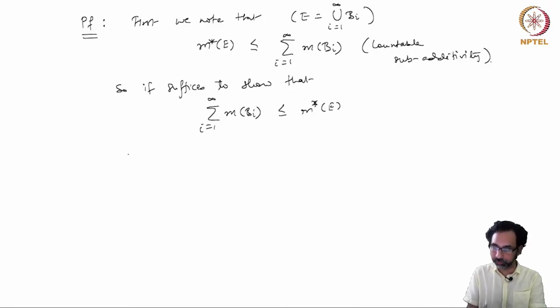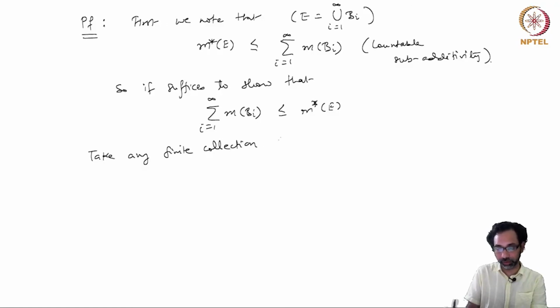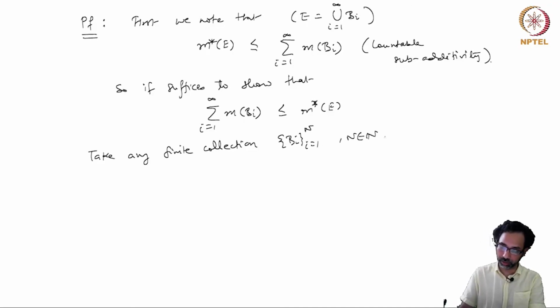So this is pretty easy. For example, take any finite collection Bi, i equal to 1 to N, for some N in the natural numbers.